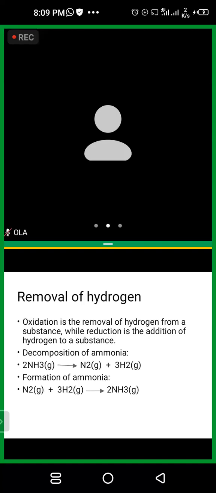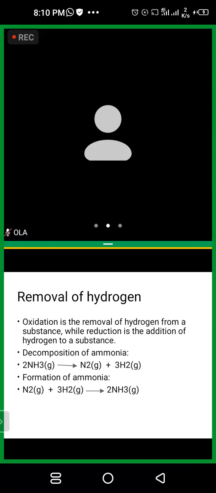But in the case whereby these two bind back together, that is nitrogen reacting with hydrogen to form ammonia, because hydrogen is being added back to nitrogen, that is called reduction. I hope we understand it. Removal of hydrogen, or decomposition of ammonia here, is oxidation.